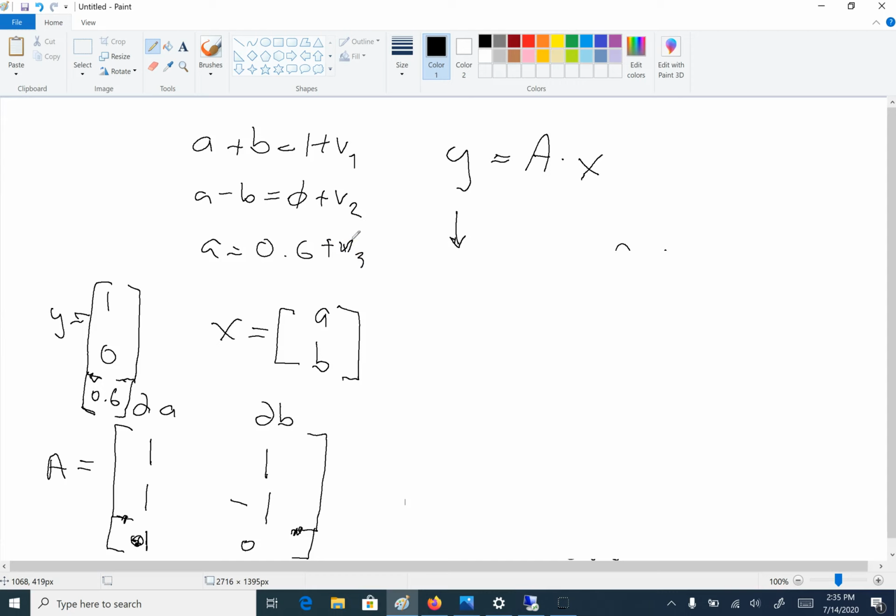So then our equation system becomes v plus y equals A times x. Or basically, v is going to be equal to A times x minus y.